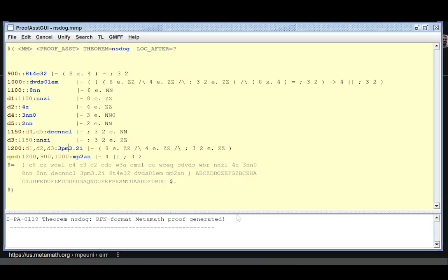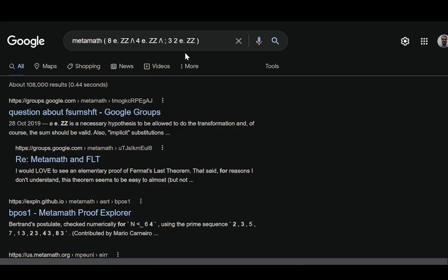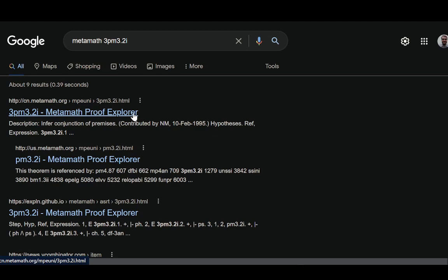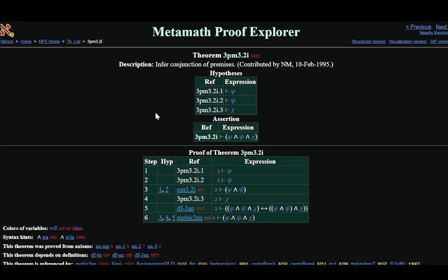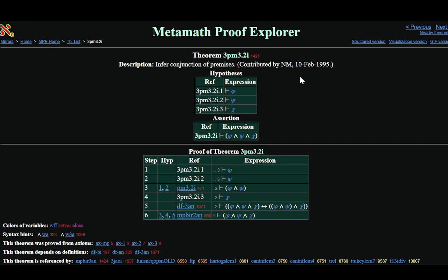Wait. What was it called? 3pm3.2i. Yeah, Norman Gill, 1995. So this is right back in the beginning of the project. Norm started the project in the early 90s, and actually 1995. So this is one of the really basic ideas, that if you have 3 things which are true, the conjunction of them is true.